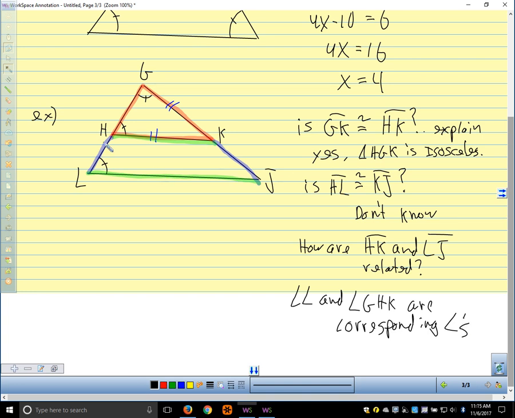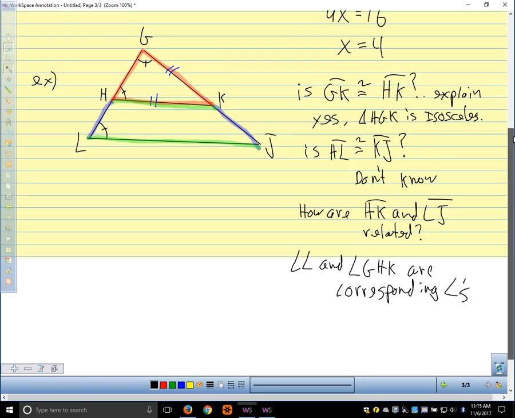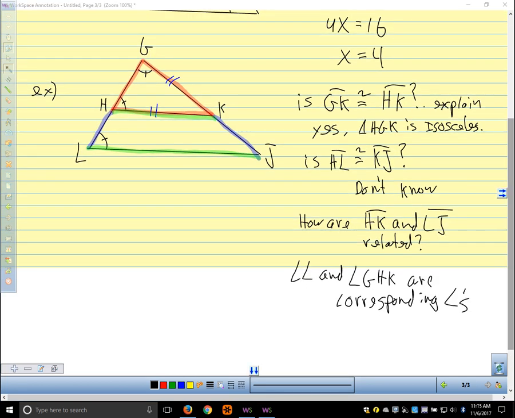So what does that tell us about those two segments? If corresponding angles are congruent, then the two segments are parallel. HK is parallel to LJ. We'll talk about that thing in triangles in another chapter or two. But we have enough information to decide those two segments are parallel.